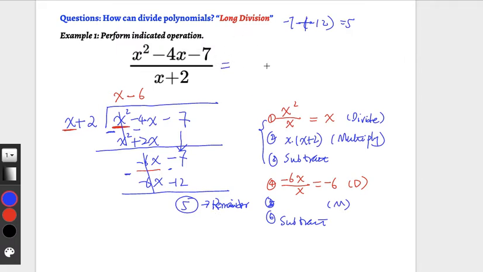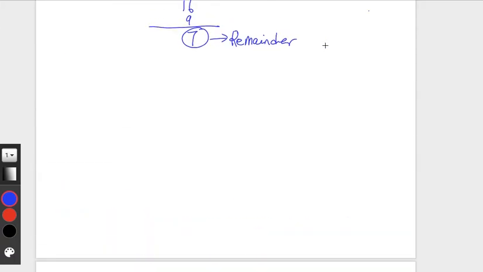So the way we put the answer here is the quotient. This part is the quotient. So it is x minus 6, and this is a remainder, so it's going to be plus the remainder. This is just how we write down the final answer. You can even apply it to this one here.